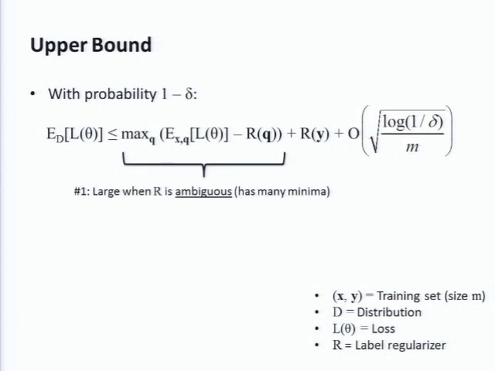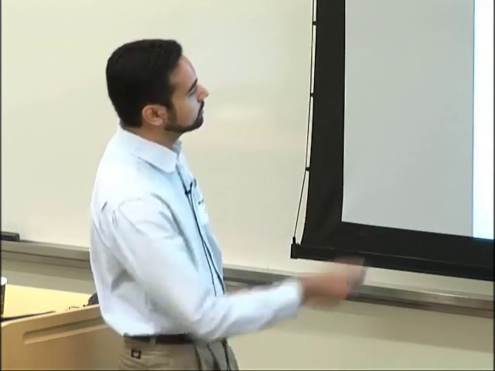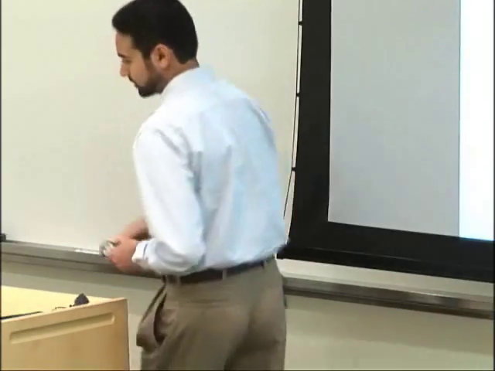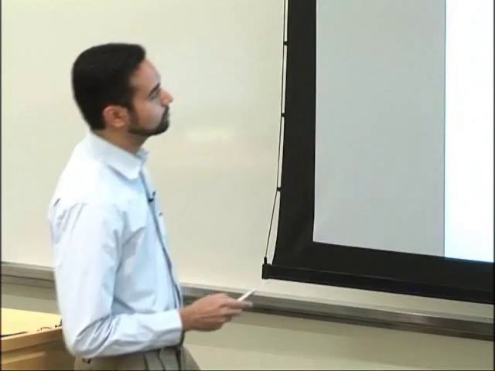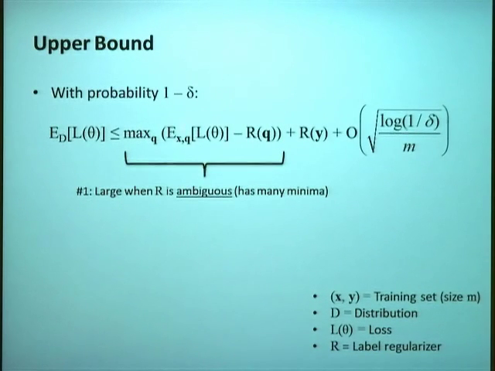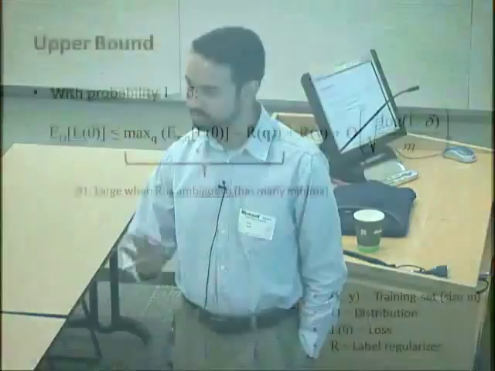The first term is a maximization, and this maximization is balancing between two objectives. The first part is the expected loss of the training set under labeling Q, and this is the penalty that the regularizer assigns to Q. So this maximization is trying to maximize the empirical loss that we observe, subject to this penalty.